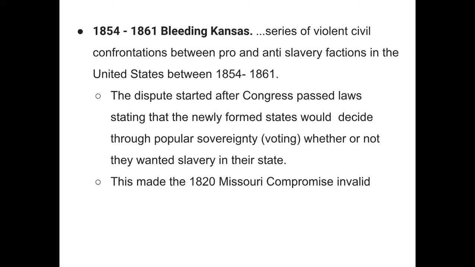The anti-slavery group is backed by the Republican Party. The slavery group is backed by the Democratic Party. And they're at odds. And along the way, numerous people are killed and a whole lot of blood is shed for the right to decide. Finally, eventually, Kansas will enter into the United States as a free state.